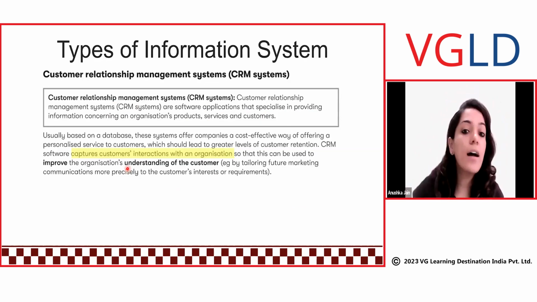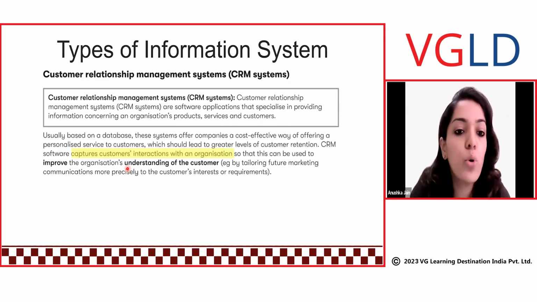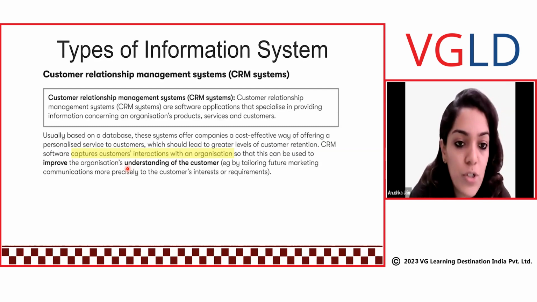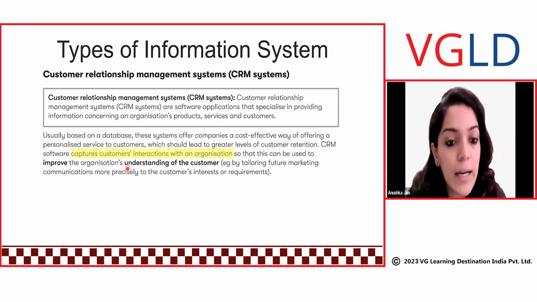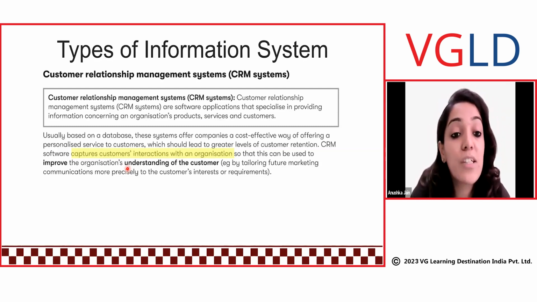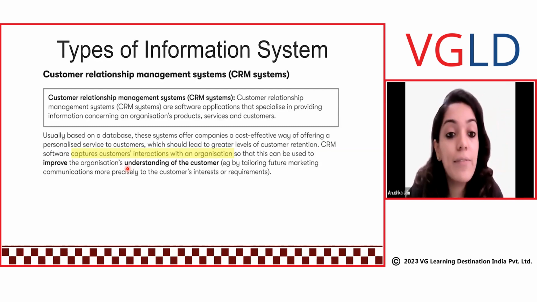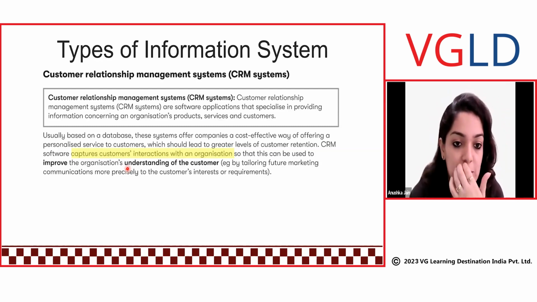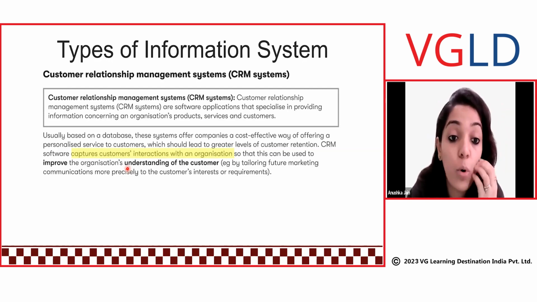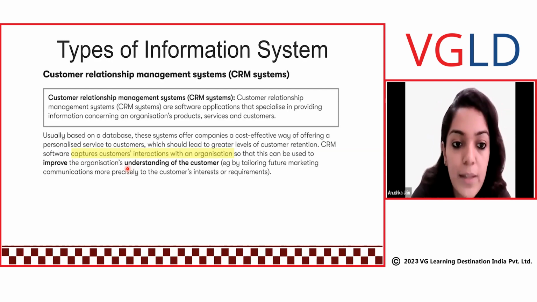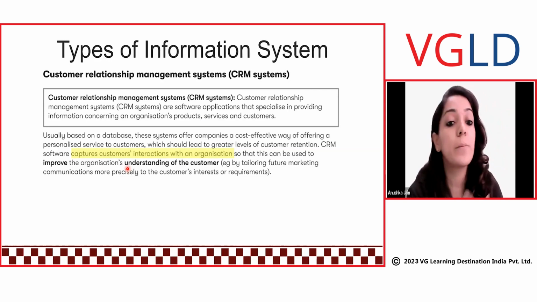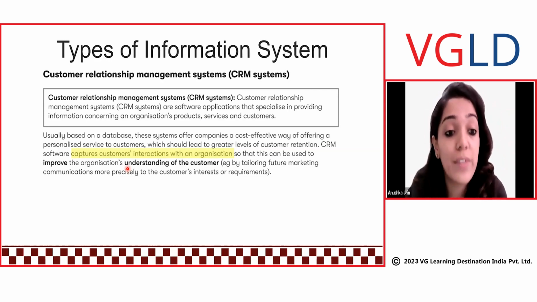And the last type of information system which you need to know is the customer relationship management system, or the CRM system. Extremely relevant in the corporate setup today because organizations tend to become more and more customer centric. They are concerned about how the customers perceive their company, how they perceive their brand.